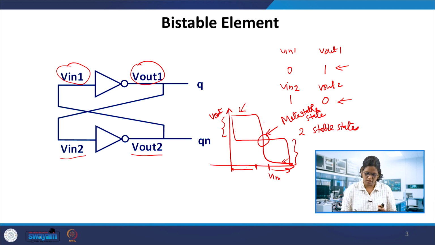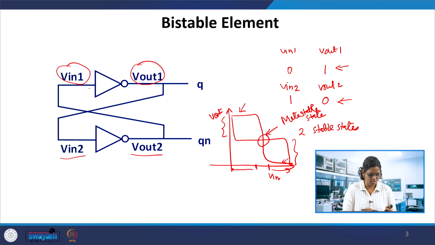If you give 1, it has to go to 0. In the metastable state, if sufficient input is not given to the device, it gets into the metastable state, and the output Q may be neither 0 nor 1. It will be oscillating between 0 and 1, 0 and 1, and so on.